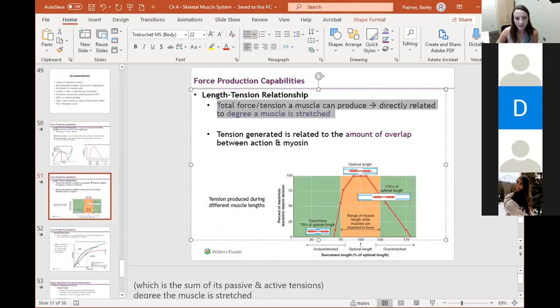You'll see some statements about the length tension relationship, and you'll have to know if that's an incorrect or a correct statement. So you do have to know a lot about this: it's based on how much the muscle is actually stretched, the stretch of the muscle determines the overlap of actin and myosin, and that overlap determines optimal force production.